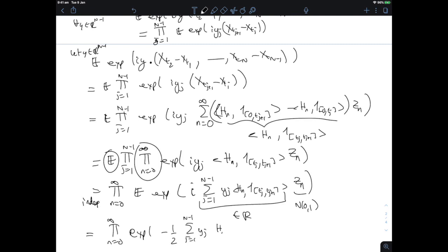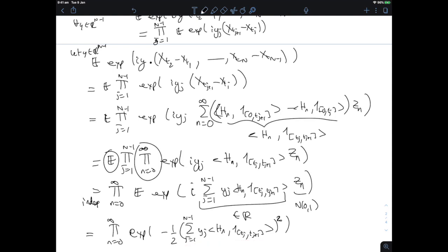Because this is the characteristic function of a Gaussian. Again, if you haven't done any computation with characteristic functions, that's a fact you would have to remember. If you've done a bit of Fourier analysis or complex analysis and you've computed the Fourier transform of exponential minus x squared, then you would recognize this fact. But if not, just accept that this is the characteristic function of a Gaussian variable at this particular value of y.